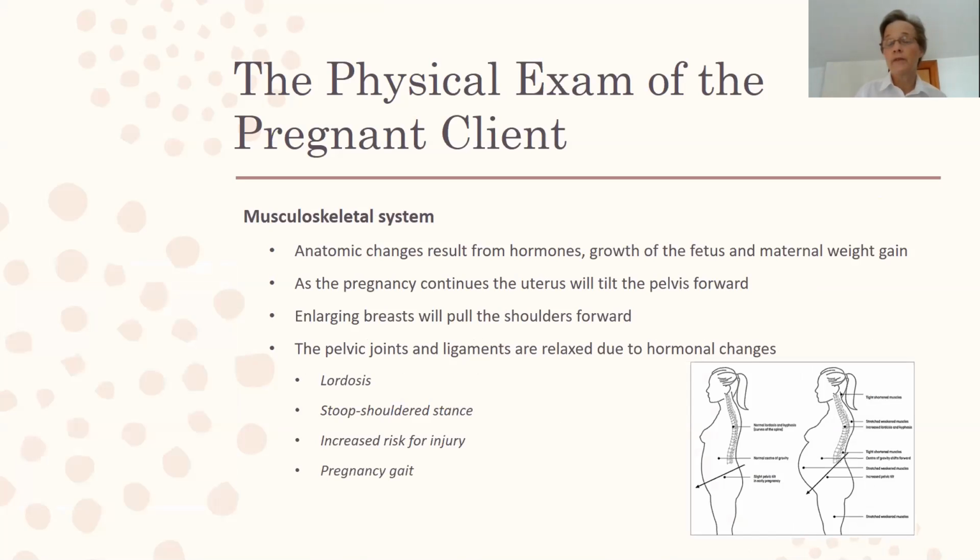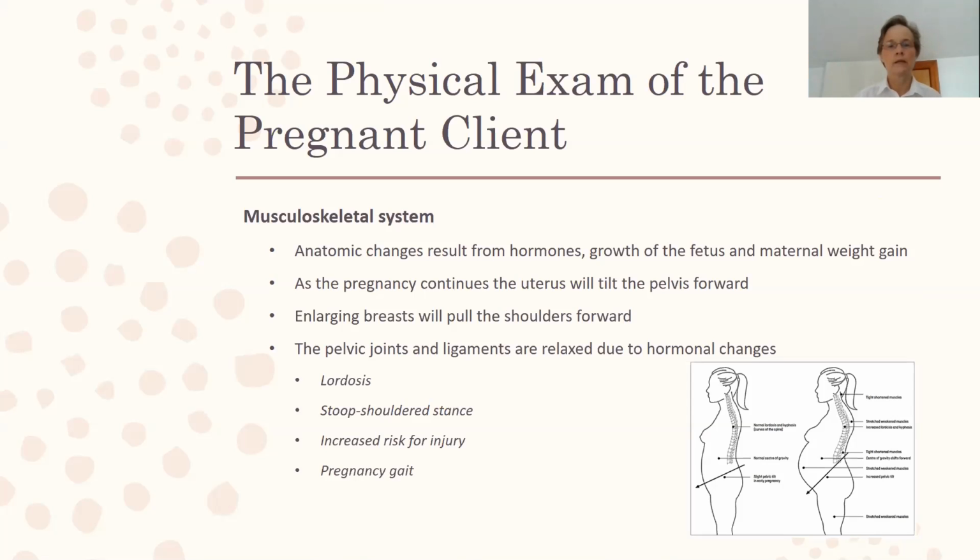This is an important slide for you now. What impact does pregnancy have on the musculoskeletal system due to the results of hormonal changes, the growth of the fetus, as well as the maternal weight gain, which is the mother's weight gain? And as the pregnancy continues, the uterus will tilt the pelvis forward, like this. The breasts are enlarging. That pulls the shoulders forward.